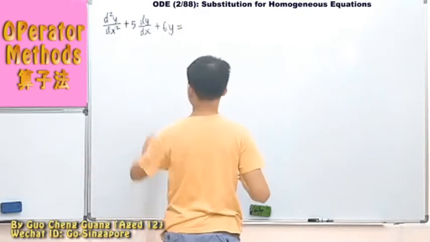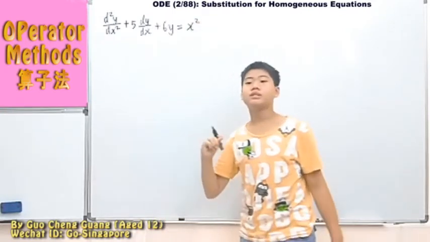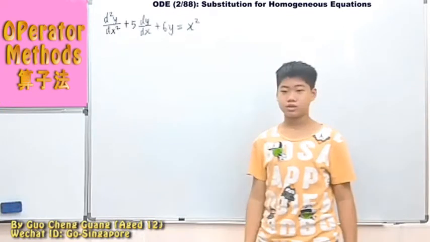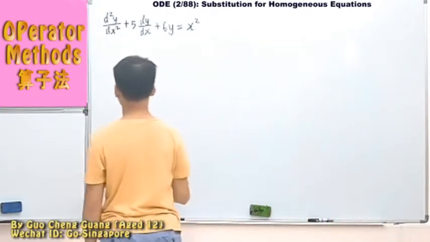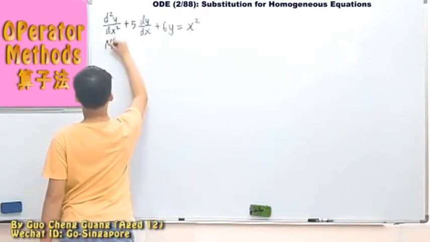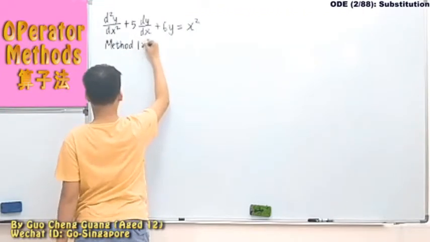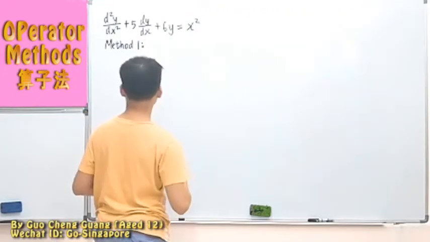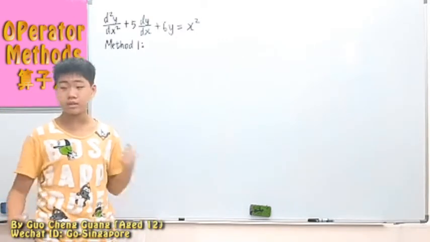And this will be equal to, we start from the simplest, x squared perhaps. Then the first method is the method that we have learned and used before. This first method is actually just coefficient comparison.